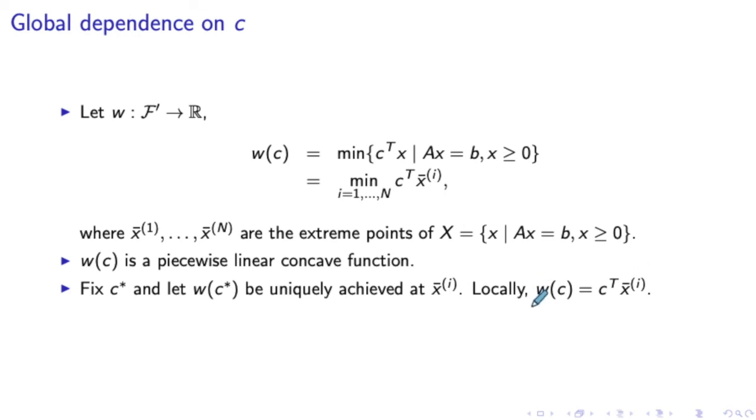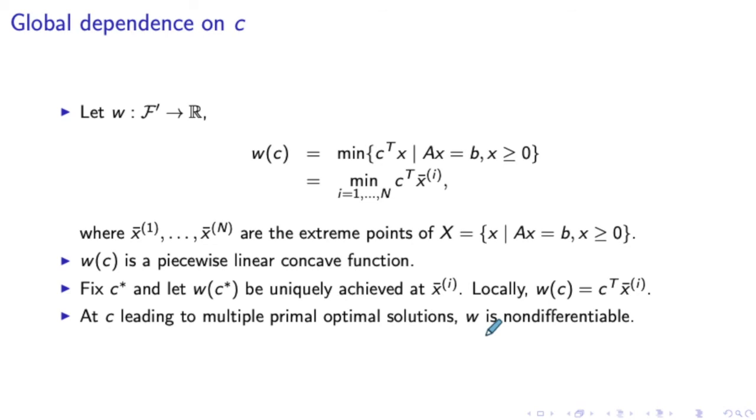So our function w of c is going to be locally linear around the point such that our LP has a unique optimum.